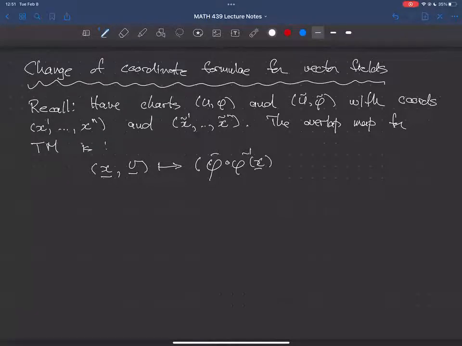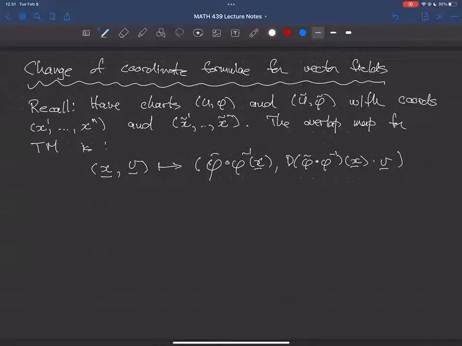So in the x component, it's just the overlap map for M. And then in the v component, it's the derivative: d of phi tilde composed with phi inverse evaluated at x bar. This thing is the Jacobian, which we acknowledged was an n by n matrix, and this gets applied to the vector v bar.